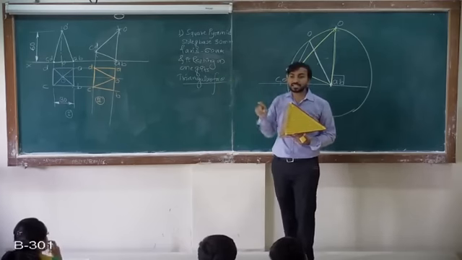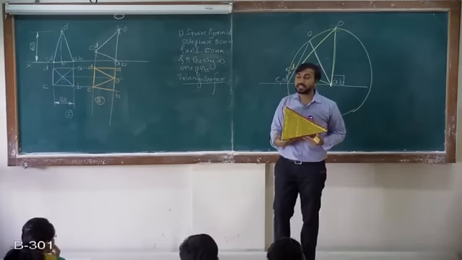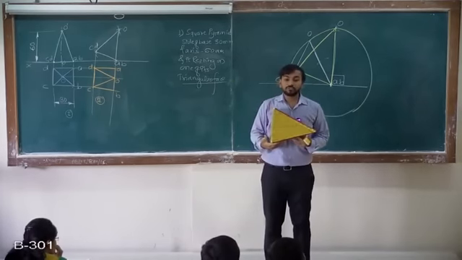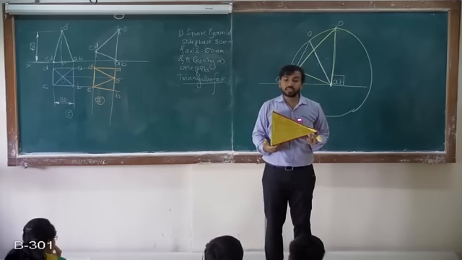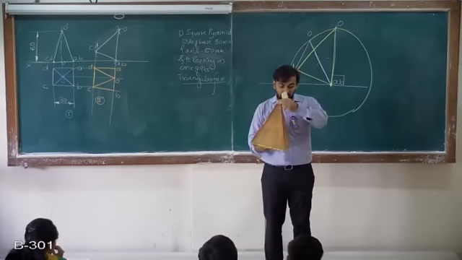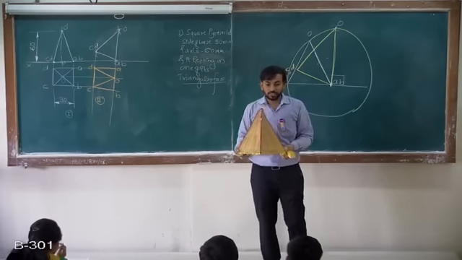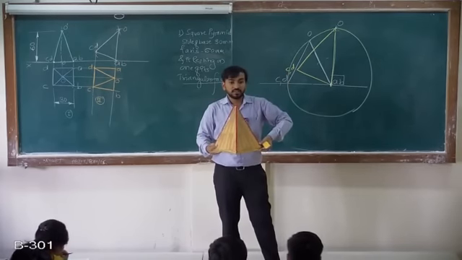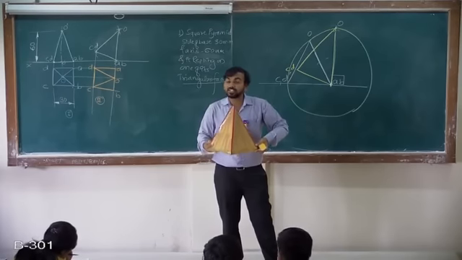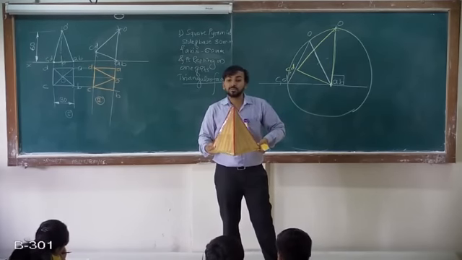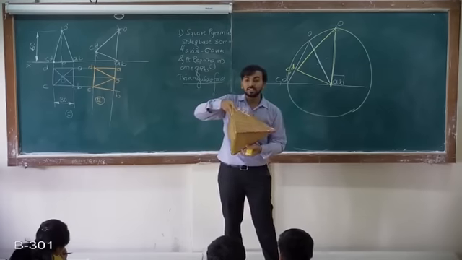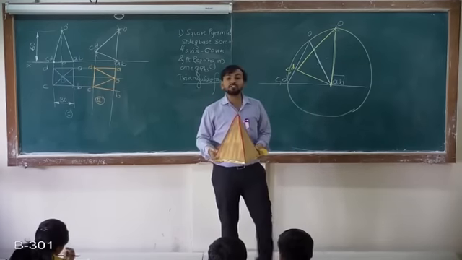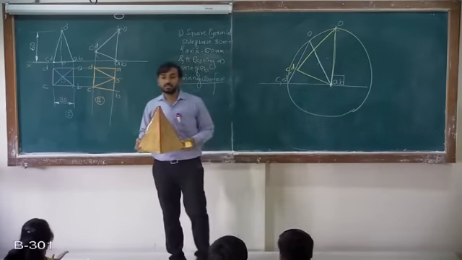So apex is at minima, that simply means it is resting on face, but it may be like this also. It is on corner. See, this is the position I have taken now, corner. And in this case also they may say apex is at minima. In that case it is not resting on face, it is resting on edge. So that depends on first condition which is given. Got it?